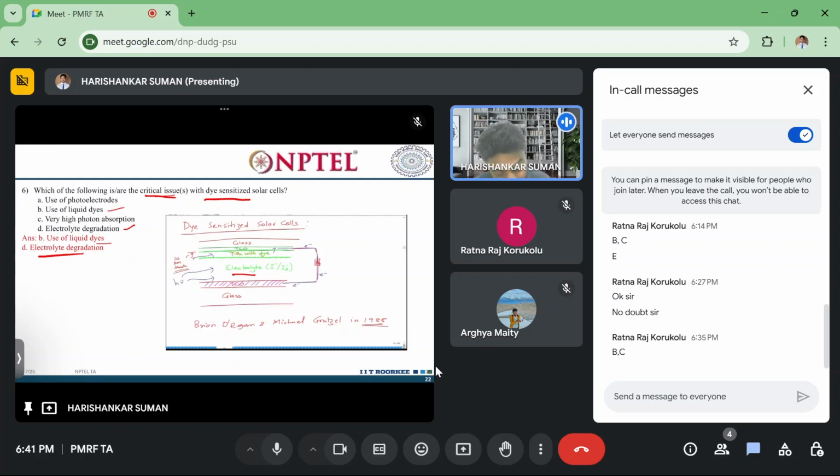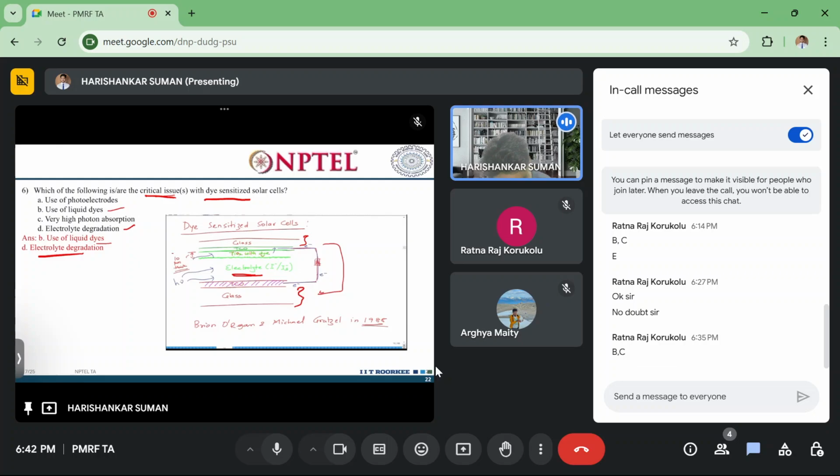You can see the architecture of the DSSC. Please see the picture: TCO, then electrolyte, TiO2 with dye, and TCO again, then glass below. In between the TCO layers, electrolyte and dye are used.